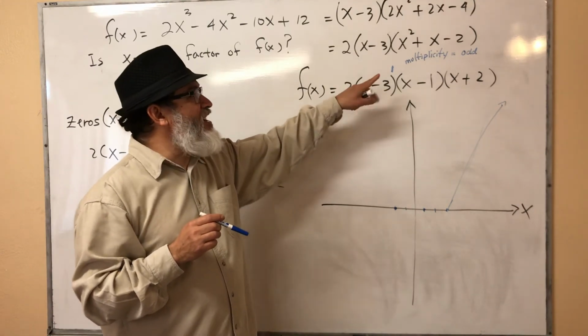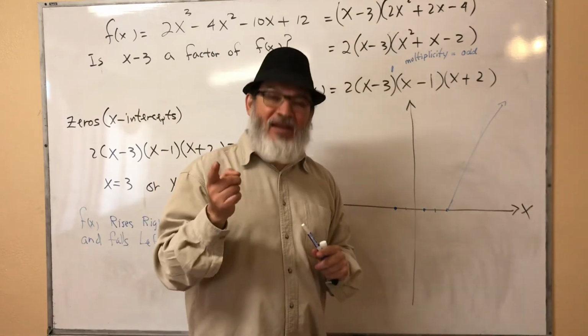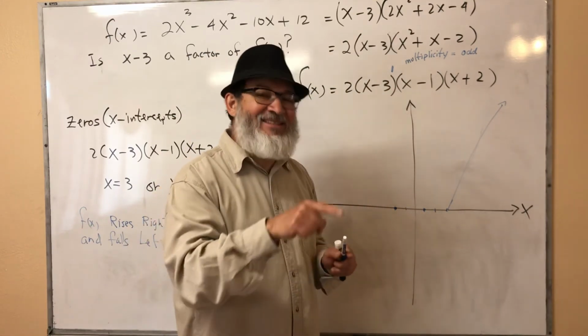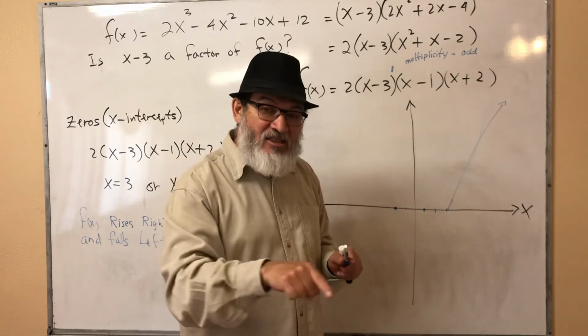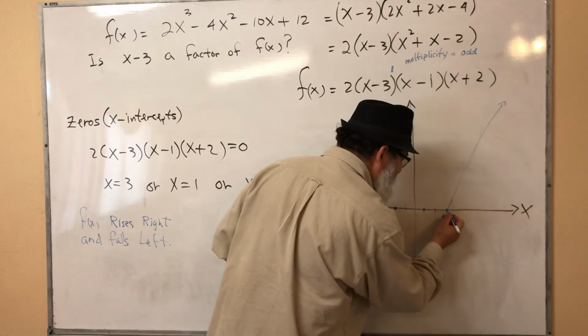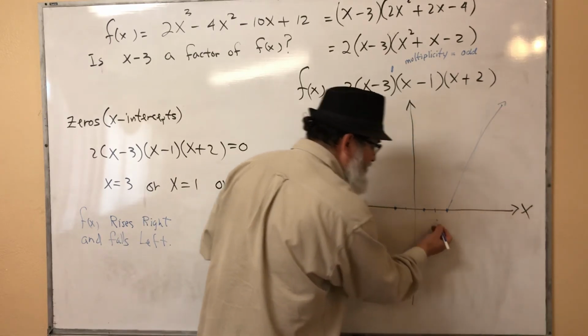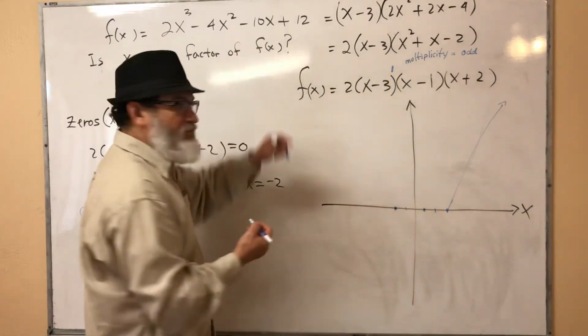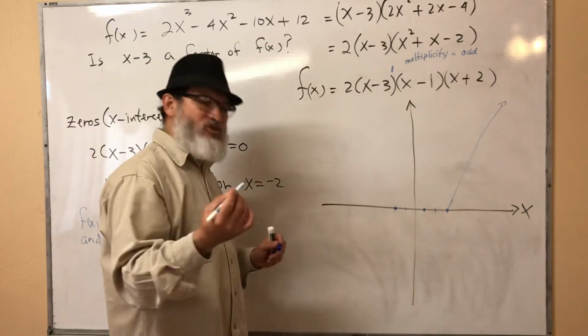If the multiplicity is even, the function touches the 0. It doesn't cross. It touches. So it's going to cross there. We can check by plugging in 2 into the function. I'll let you guys do that.